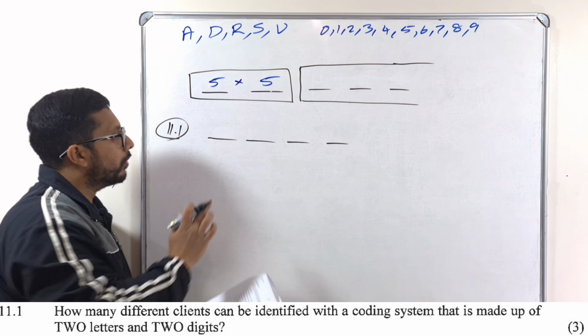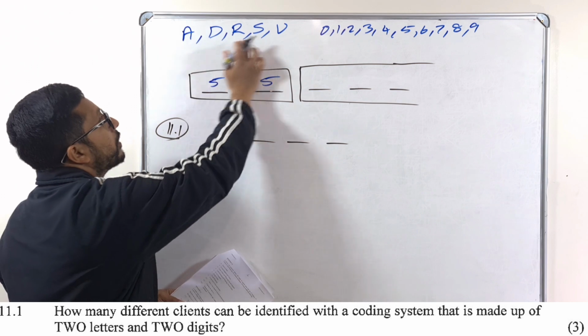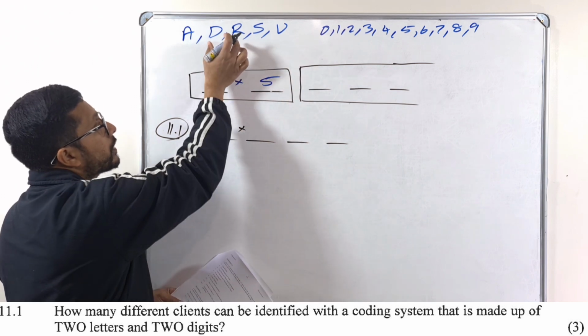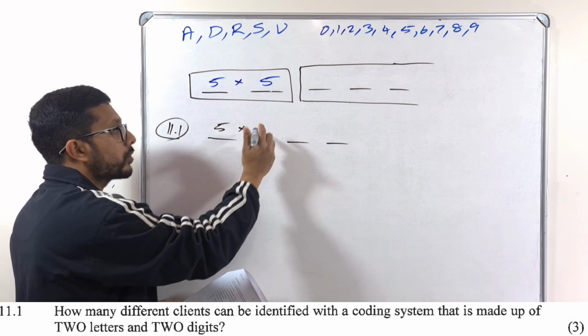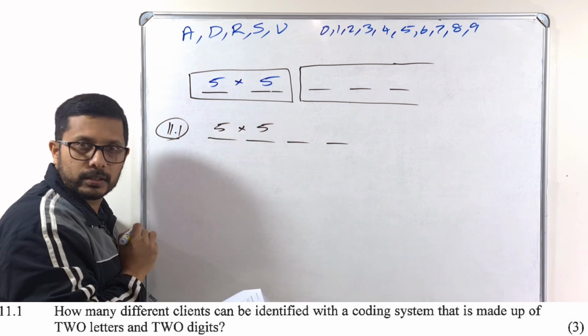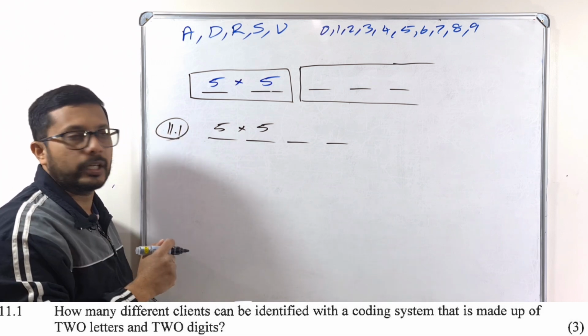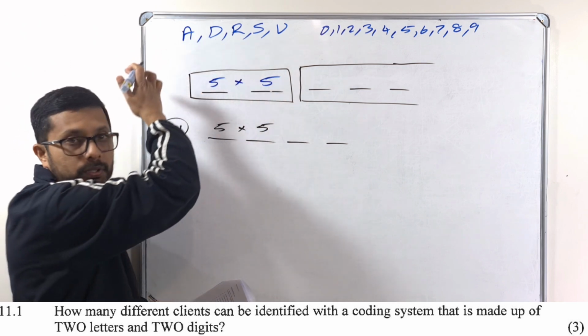So you know that for the letters, for the first position, how many options? 5 options. Am I right? Since the letters are allowed to repeat, for the second one I also have 5 options. Because there is no problem to repeat, for this position I still have those 5 letters.